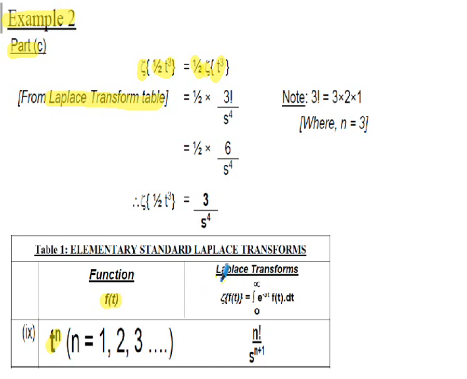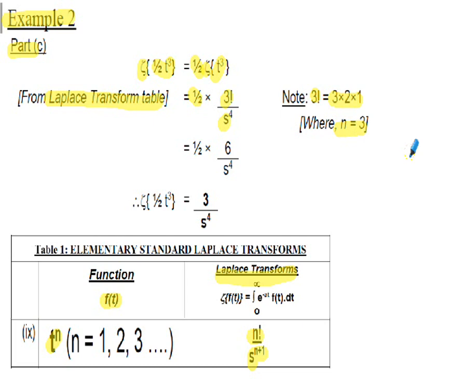We're told that the Laplace transform of t to the n is n factorial over s to the power of n plus 1. So again, taking a half as a factor, I can write the t cubed as 3 factorial upon s to the 4. 3 factorial, of course, is 3 times 2 times 1, and n in this case is 3.